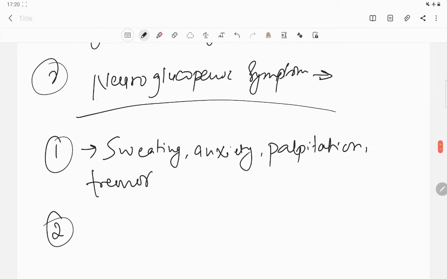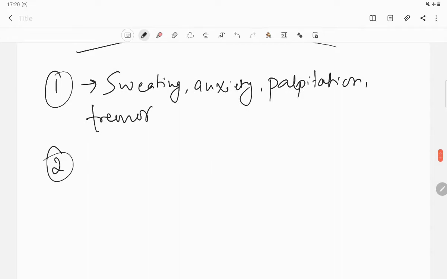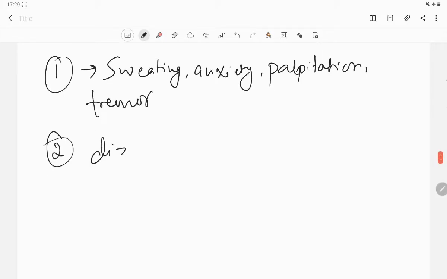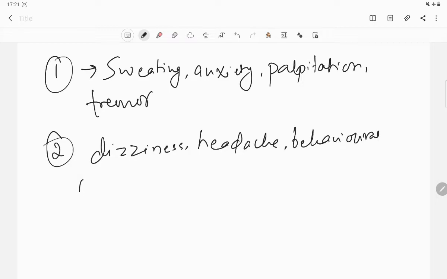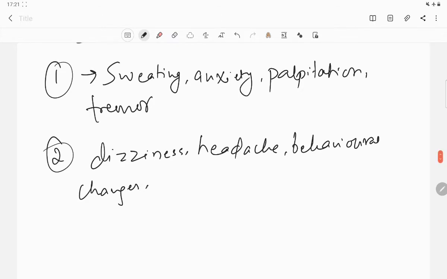Now the other one, neuroglycopenic symptoms. As our brain cells get deprived of glucose, there will be symptoms like dizziness, headache, behavioral changes, and visual disturbance.